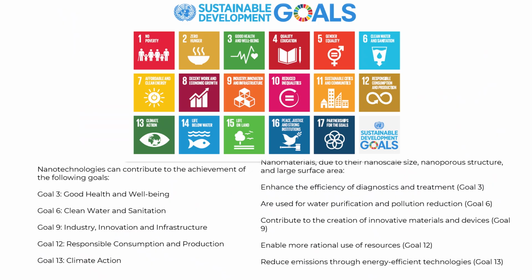In September 2015, during the 70th session of the UN General Assembly in New York, the UN Sustainable Development Summit was held, during which the post-2015 development agenda was adopted. The final document of the summit, Transforming Our World: the 2030 Agenda for Sustainable Development, established 17 Sustainable Development Goals and 169 targets.